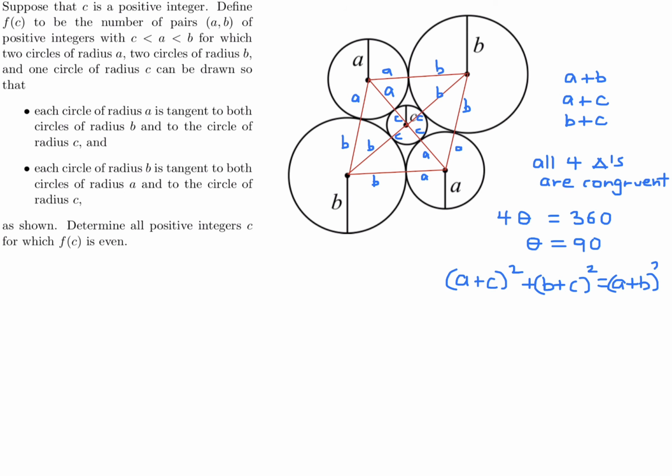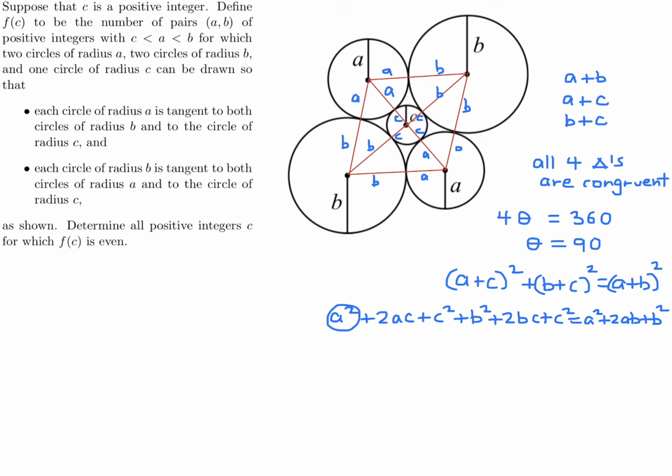Like that. All right. So let's expand this. And when we do, we get a squared plus 2ac plus c squared plus b squared plus 2bc plus c squared is equal to a squared plus 2ab plus b squared. A lot cancels here.